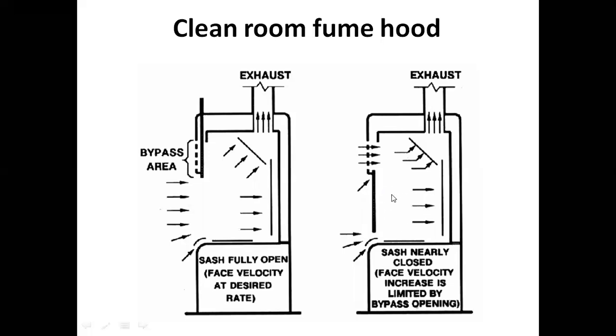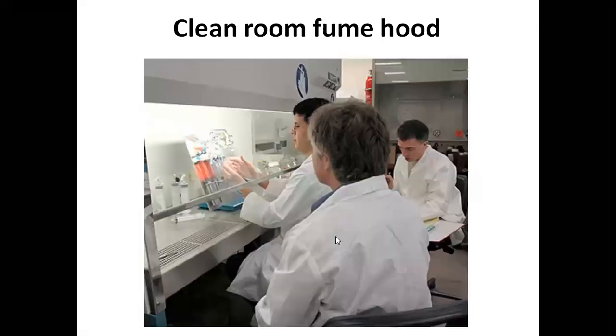All of the dangerous fumes or vapors which are produced would be sucked by the blower of the fume hood and thrown out of the clean room. So neither the user nor the people working in the clean room would face those very harmful fumes. Here you could see these guys are working in the fume hood.